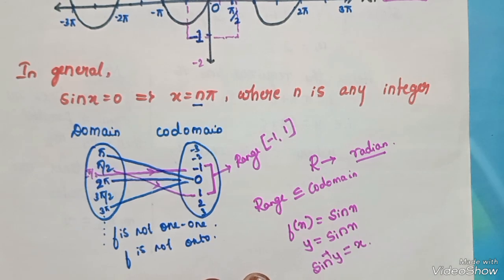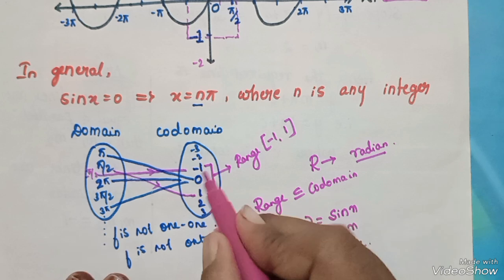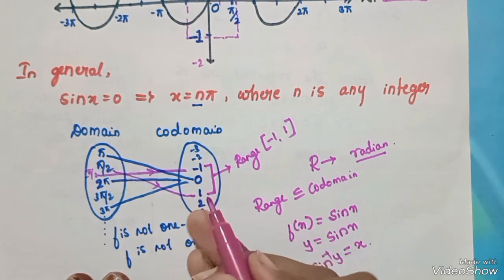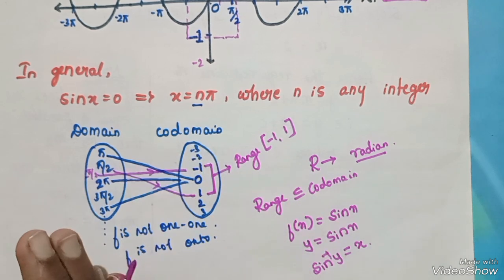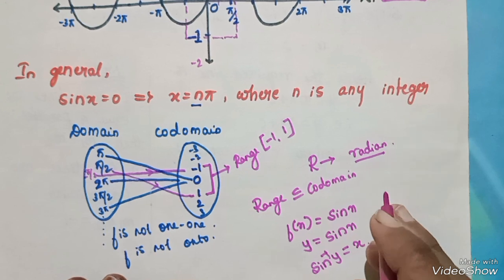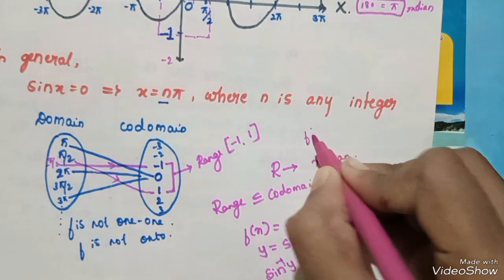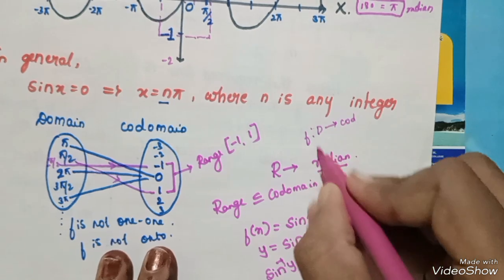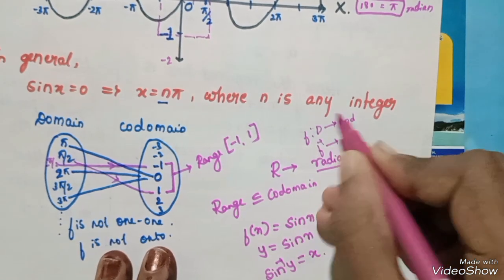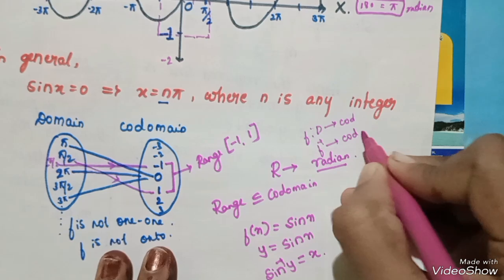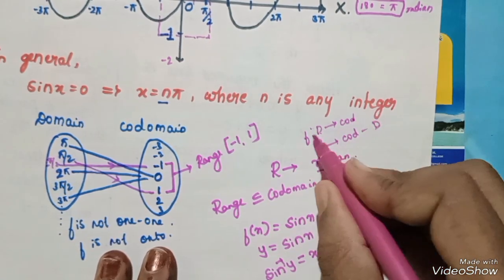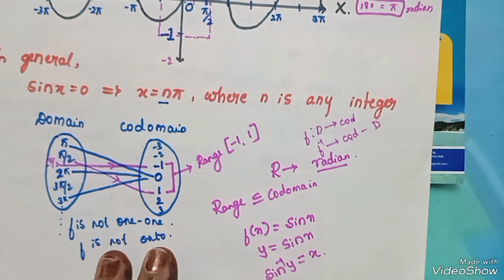Here, for every element in the range, inverse means every element is related with the domain. A function taken from domain to codomain, then its inverse must be taken from codomain to domain.